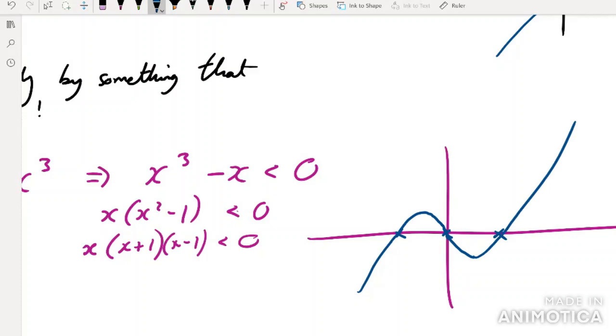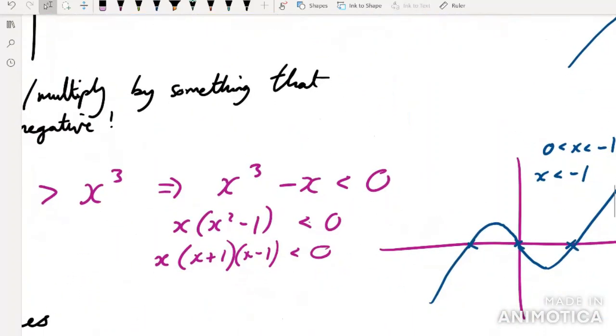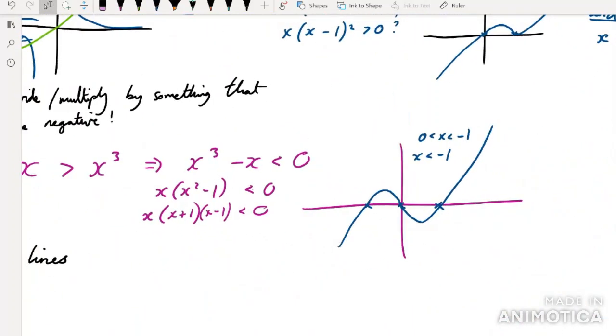We're not going to miss any solutions, because when is that less than 0? Well, we can see it's between 0 is less than x is less than 1, and x is less than minus 1. And so we get the same solution as earlier. So either way you want to do it, I really strongly recommend you use graphs when inequalities are involved.